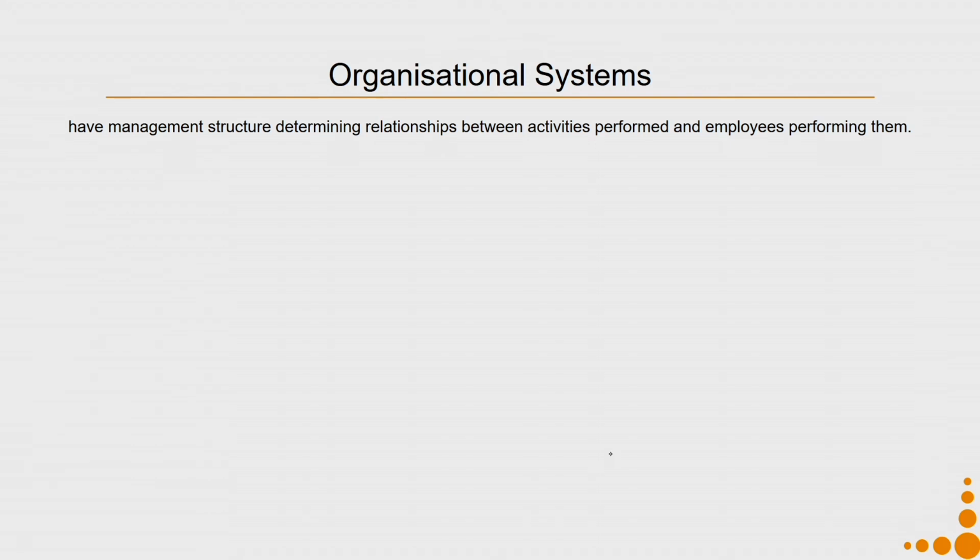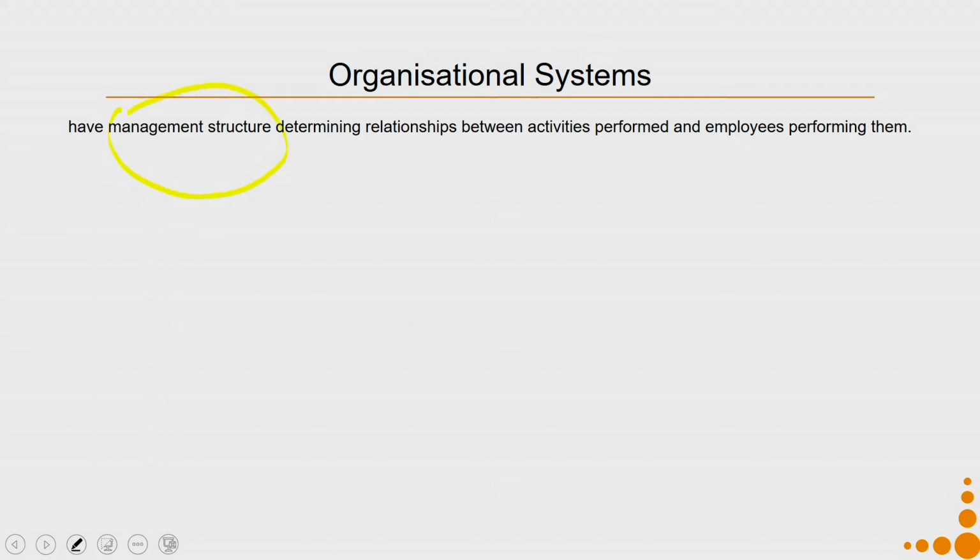Another kind of system, organizational systems. As the word organization refers to, they have a management structure determining relationships between activities performed and the employees performing them. So the key element in this particular concept is management structure.